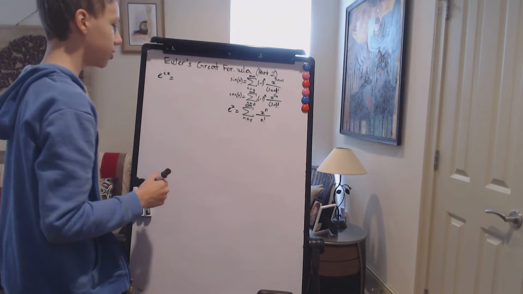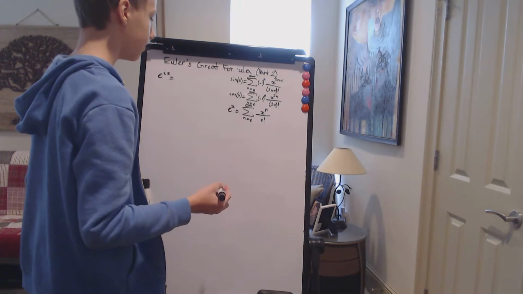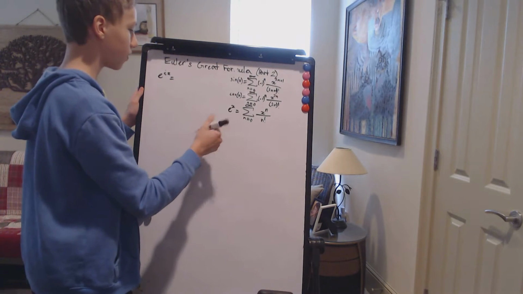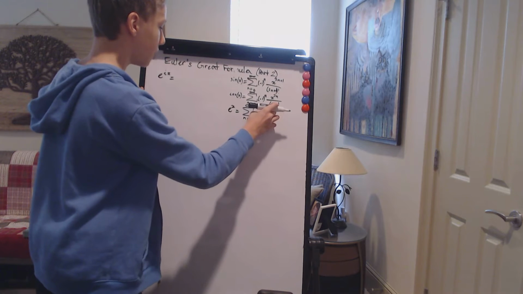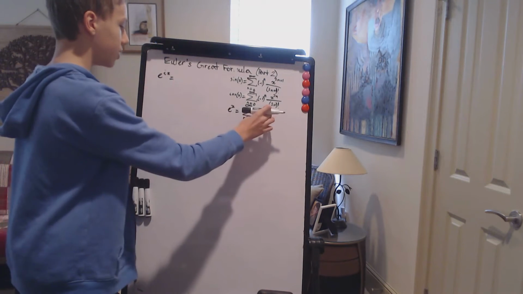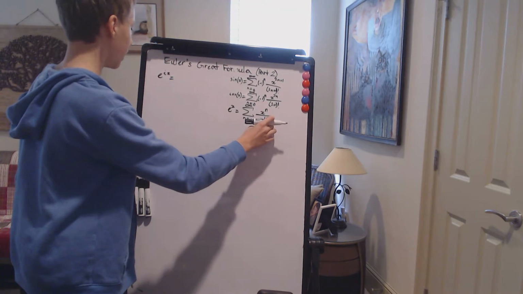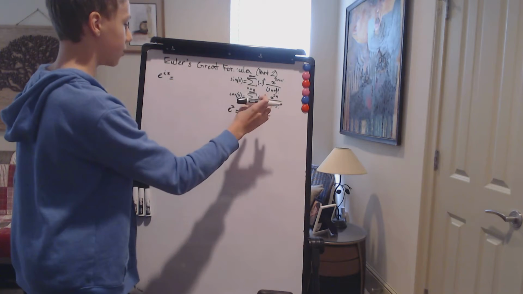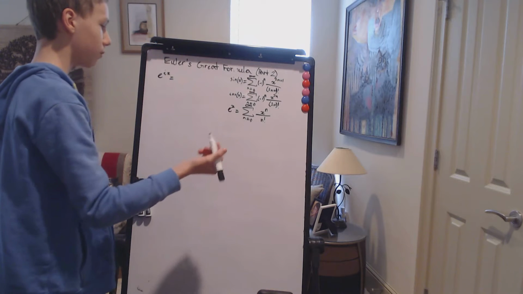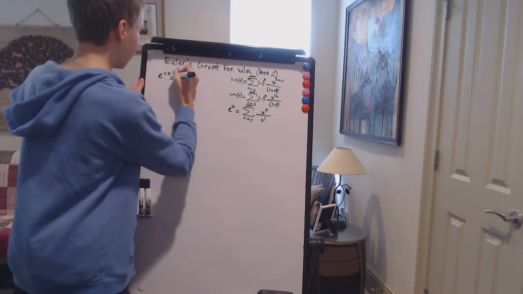For n equals 0, we still just get 1 here, clearly, because ix to the 0 is 1, and 0 factorial is just 1, so we have 1.